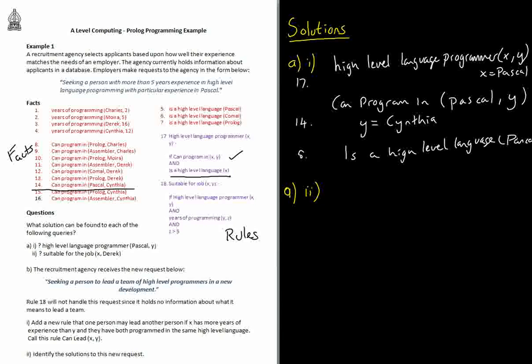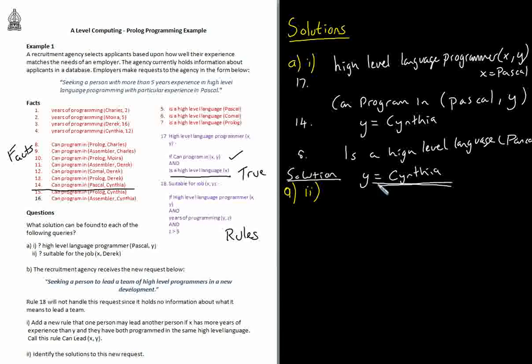So in other words, this is going to be true. And if that's true, and based on clause 14 we found that the variable Y is indeed the name Cynthia, then the solution to the problem that the Prolog program is going to find is Y equals Cynthia. And that's it.